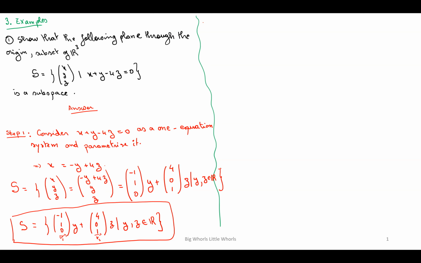So we have seen in the previous video that to prove that this is a subspace, step 2: take linear combinations of the elements of, let's say, two vectors of S, of the big S.